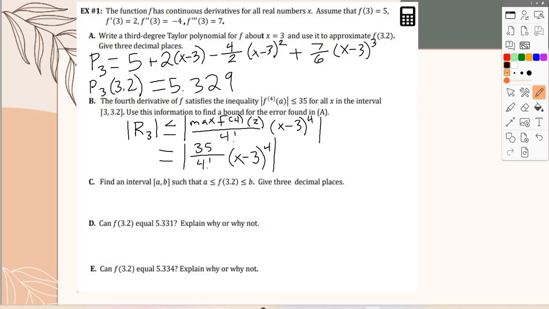Are we all okay with that? So again, that's my general remainder sub 3.